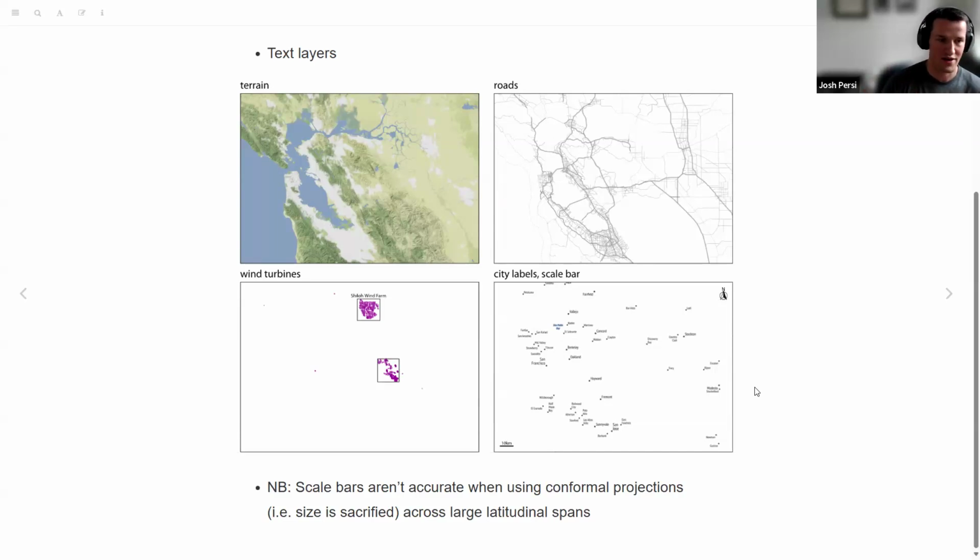Area is not preserved. So the area is different between high and low latitudes, or extreme and equatorial latitudes. So his suggestion that you should always use a scale bar, I think applies if you're doing an equal area projection, but maybe not if you're plotting a conformal projection over a large latitudinal area. It probably doesn't matter if you're plotting like an east-west extent over a small latitudinal area.